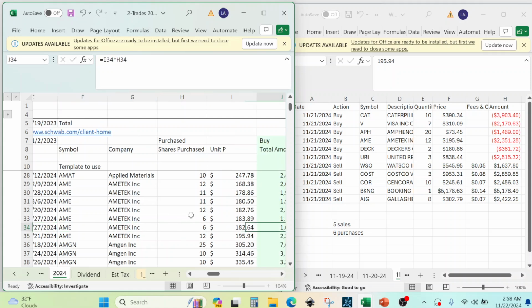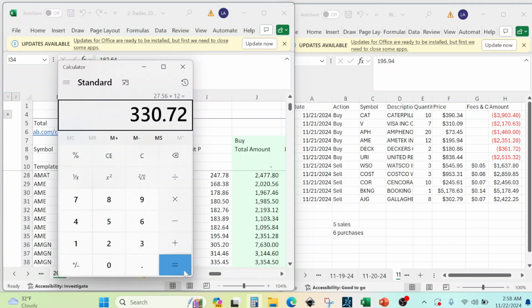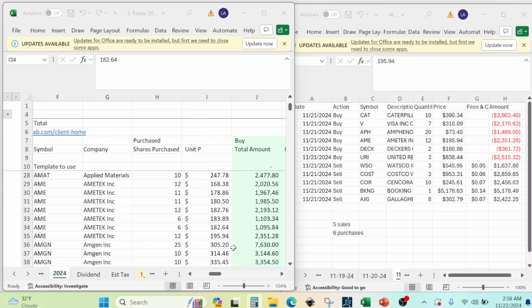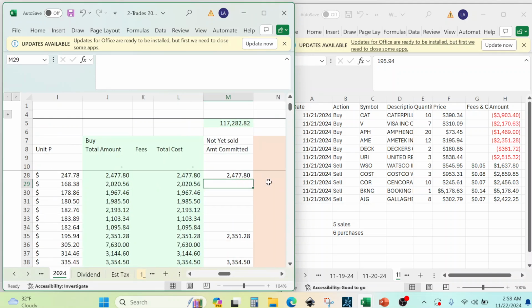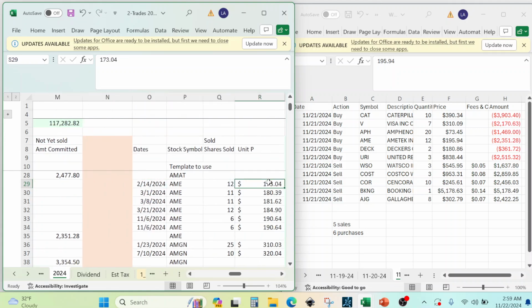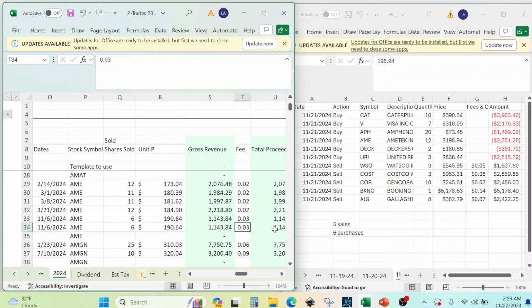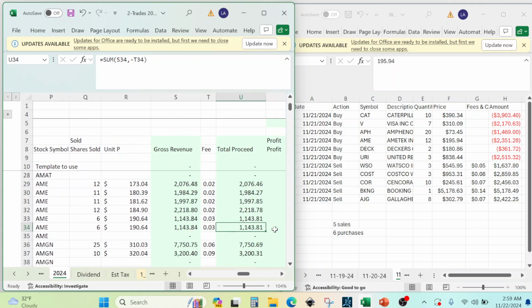So, and we can just again use, let's say we bought it at 168.38. So the way we are going to do it this time is just take this amount, that's what we bought it for, and let's see how much we sold it for last time after the fee.